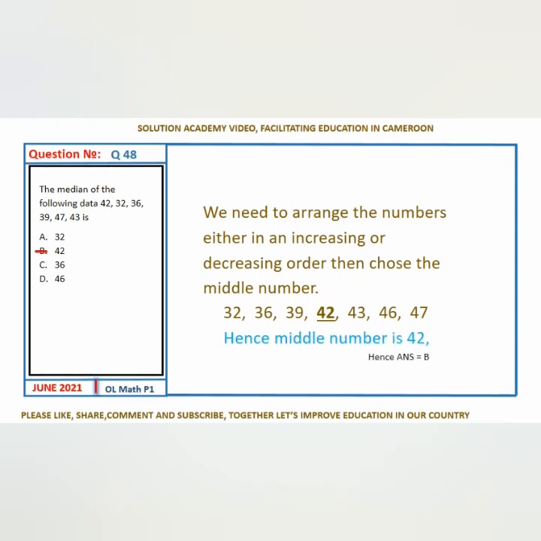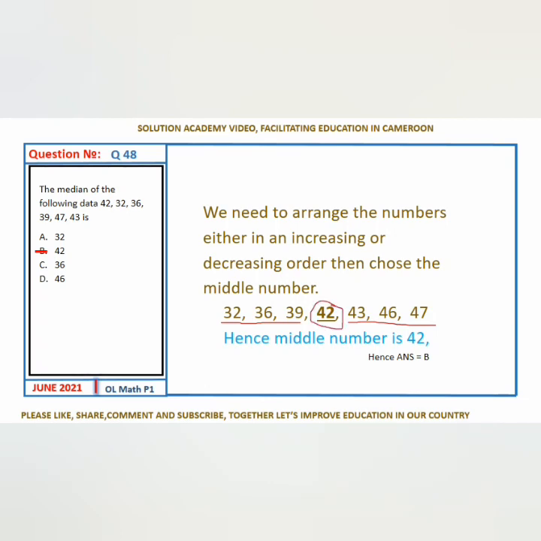So if you do this properly, you're going to see that our middle element will be 42. On this side we have 3 elements. On this other side we have 3 elements. So the middle number is 42, making 42 our median.